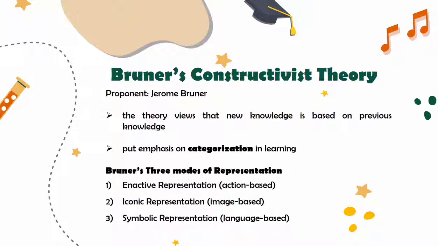So Bruner was concerned with how knowledge is represented and organized through different modes of thinking or representations. In his research on the cognitive development of children, Jerome Bruner proposed three modes of representation, and that is what I mentioned earlier.